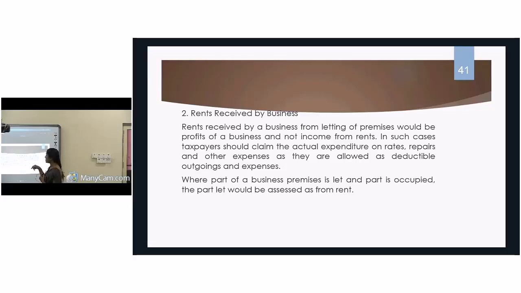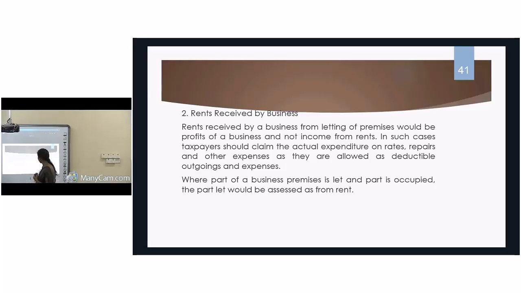But in the previous one, when we calculated the net rent, the repair was restricted to 25%, but in this case they can claim the actual expenses. Where a part of the business premises is let and part is occupied, the part let has to be assessed as rent. That means partially they have to identify what would be the income.